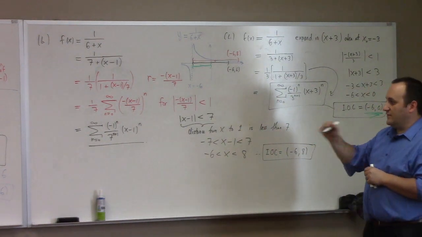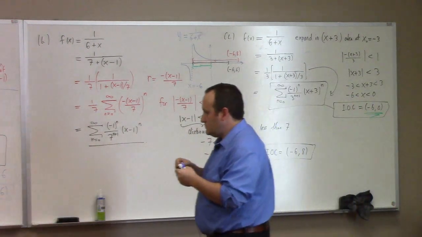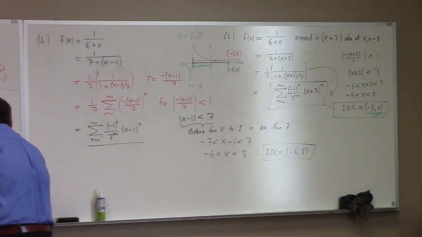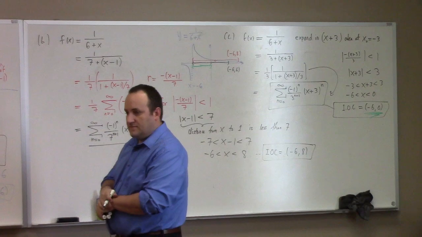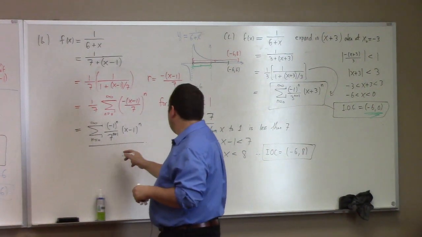So what's the radius of convergence in each one of these cases? R equals what for part A? 6, right? What's the radius of convergence here?